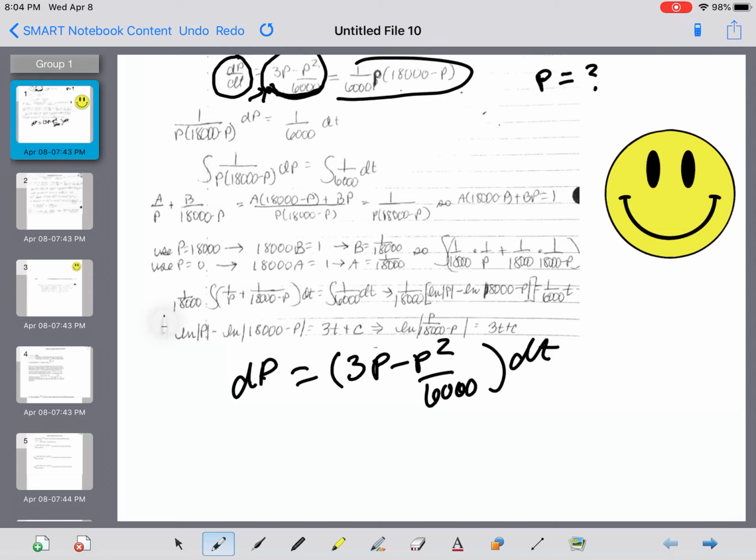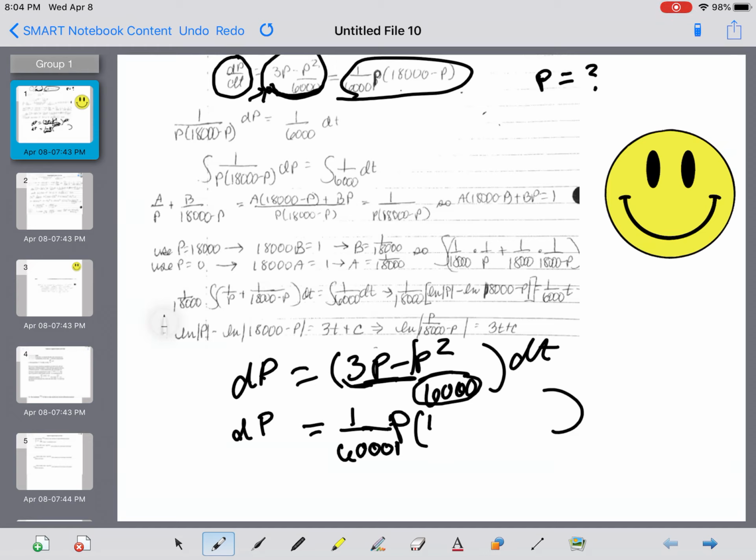Here, I factored out, and I'll show you why I did that later, but one thing I want is to leave a lot behind. So I factored out 1 over 6,000p, because I wanted to get rid of this denominator here, this 6,000. And I'm also wanting to factor these, which have a p in common.